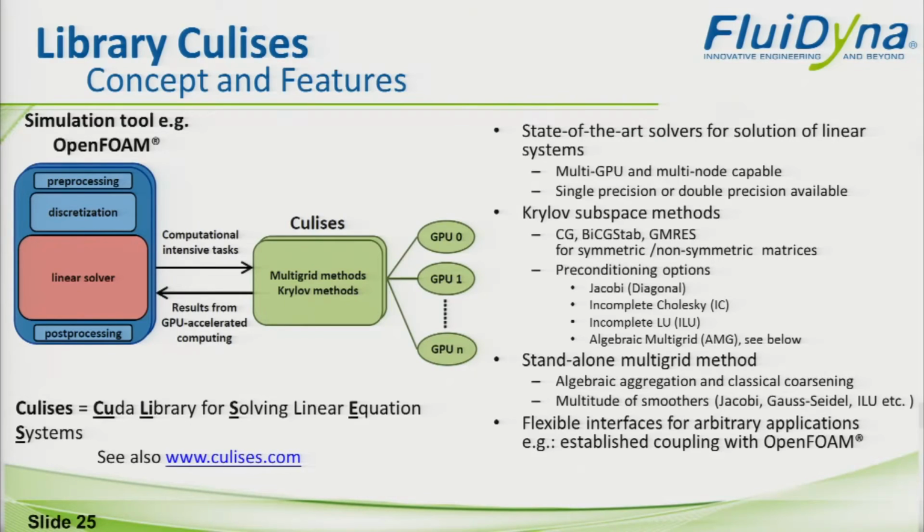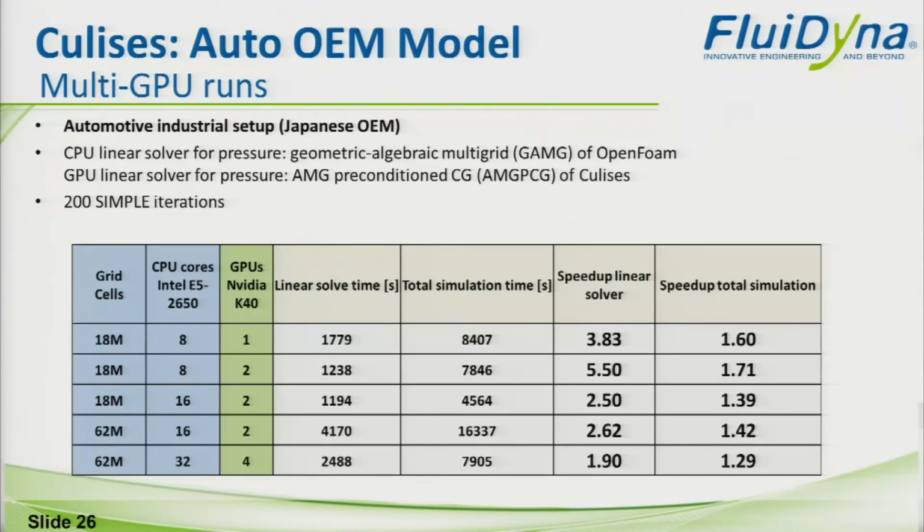It offers both Krylov subspace methods such as the conjugate gradient method and also multigrid methods. It has a flexible interface, and right now the implementation is for OpenFOAM, but it is not limited to OpenFOAM. Any code can be accelerated by integrating with Culises with minor changes.